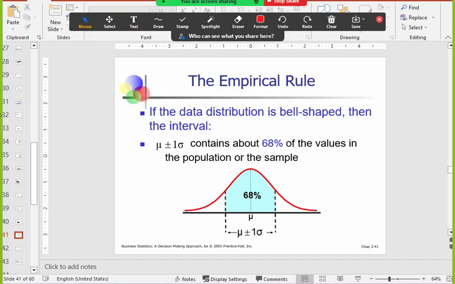Next, the topic that we are studying is the next topic after the measure of dispersion. In this topic we will talk about the empirical rule.